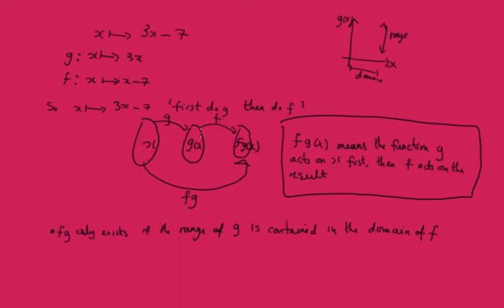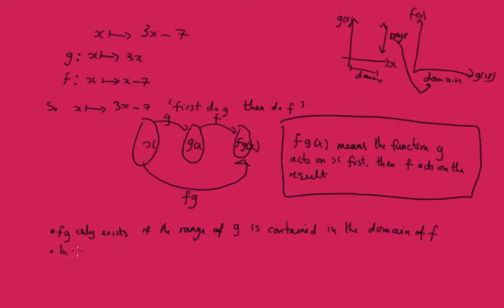Now when you take g of x and then apply it to f, function f of x, that range now becomes the new domain. So f of g only exists if the range of g is contained in the domain of f.